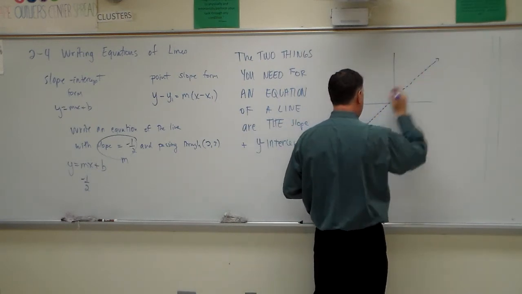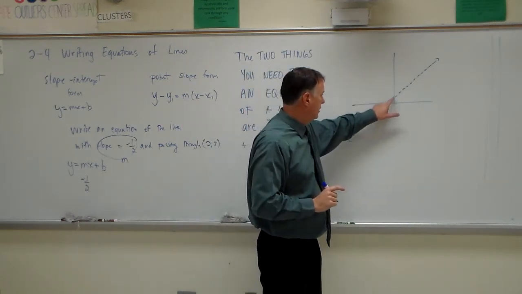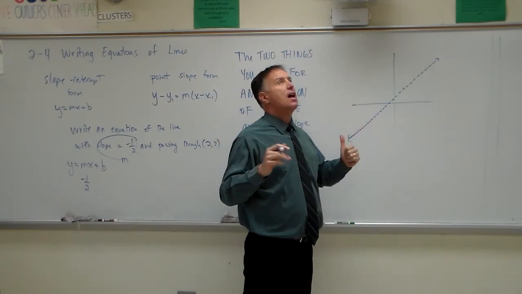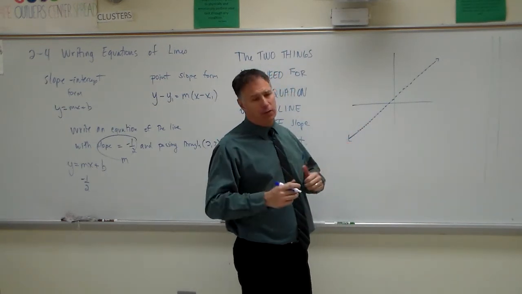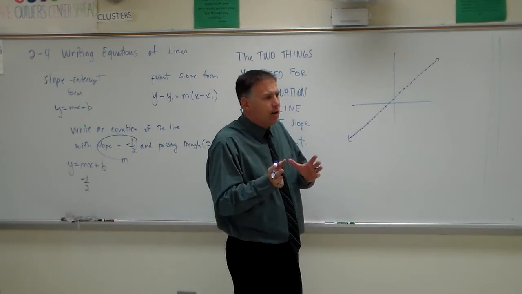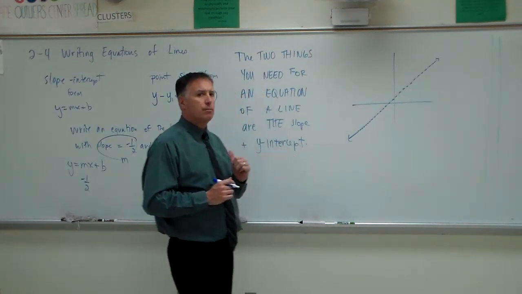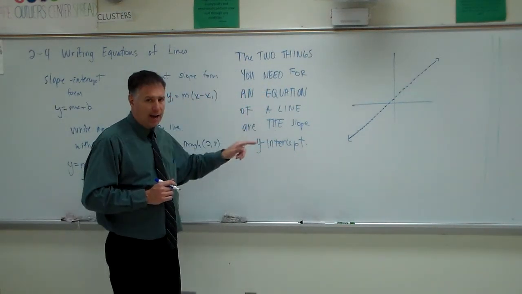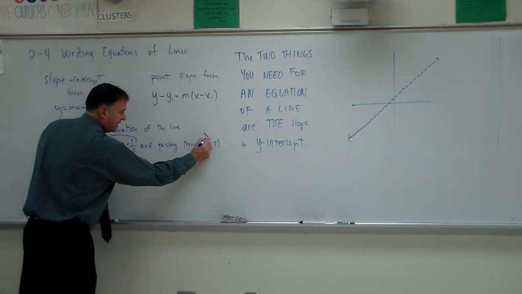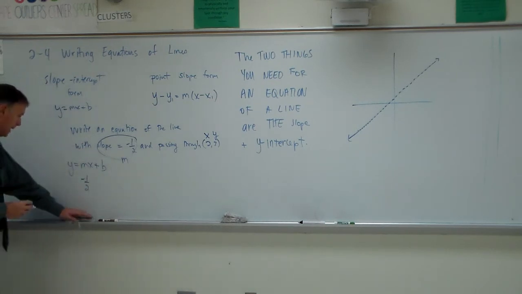The two things that make it unique are your y-intercept and your slope. Other than that, you've got millions and millions of points that fall on that line, none of which are any more important than the other. The two most important things are the slope and the y-intercept. So what I'm going to do here is use this x and this y to find my b. Okay?